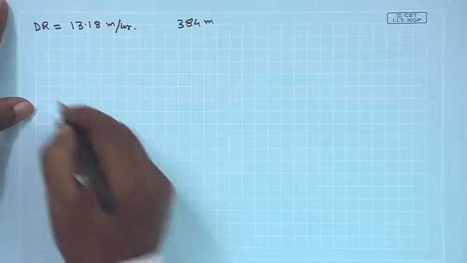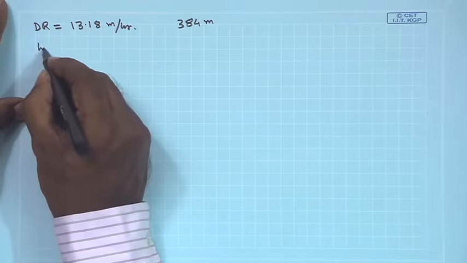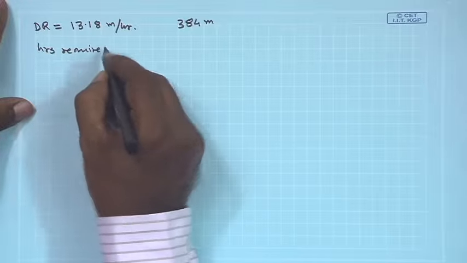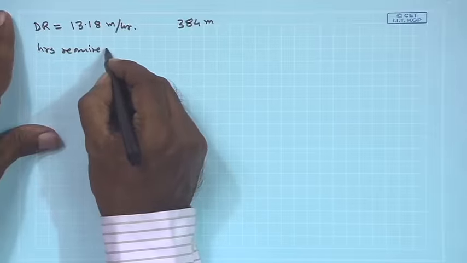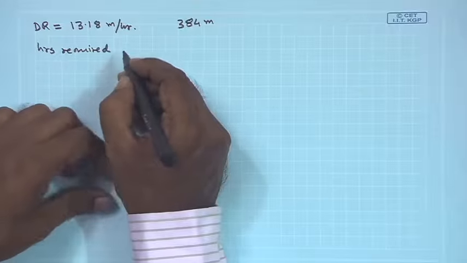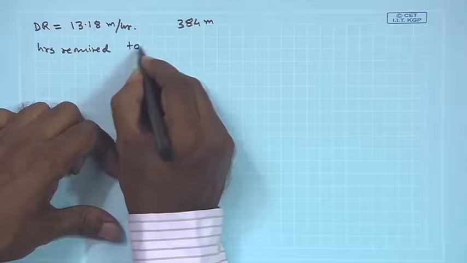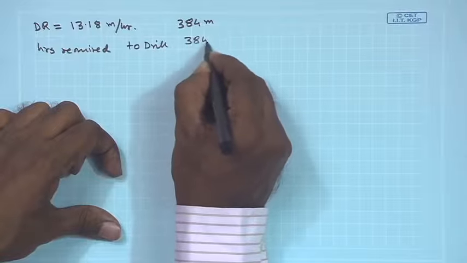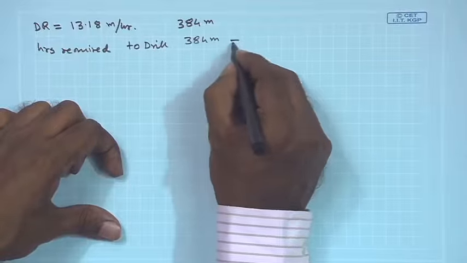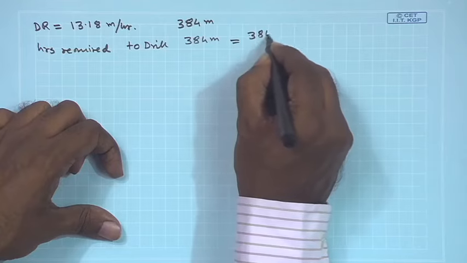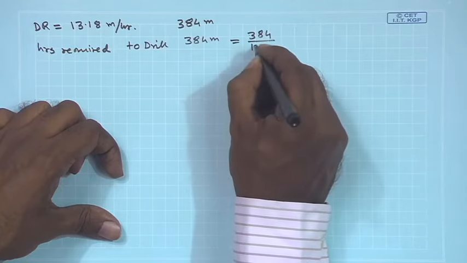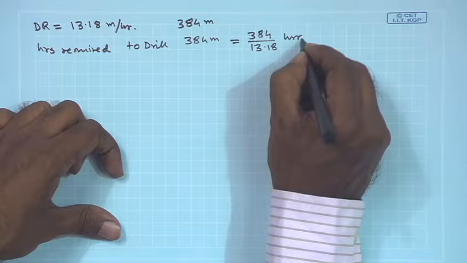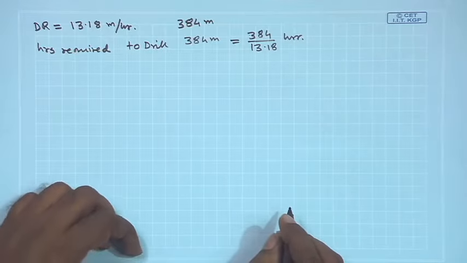So the hours required to drill 384 meter is equal to 384 by 13.18 hours.